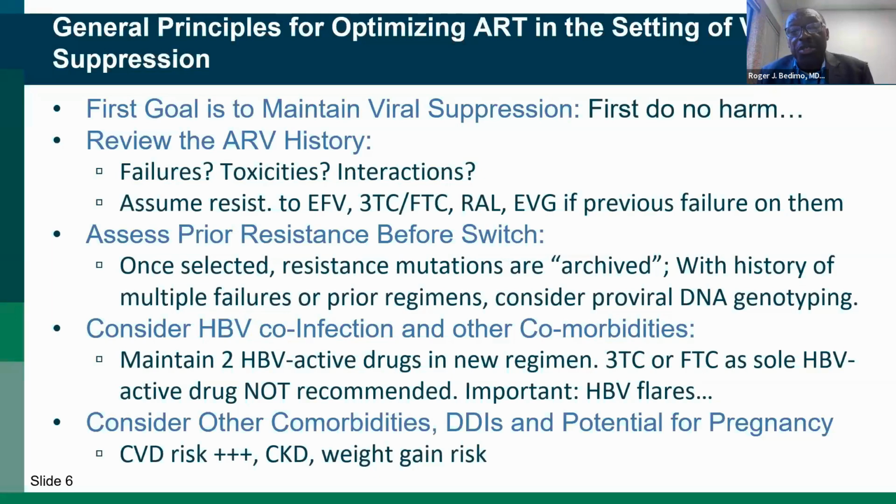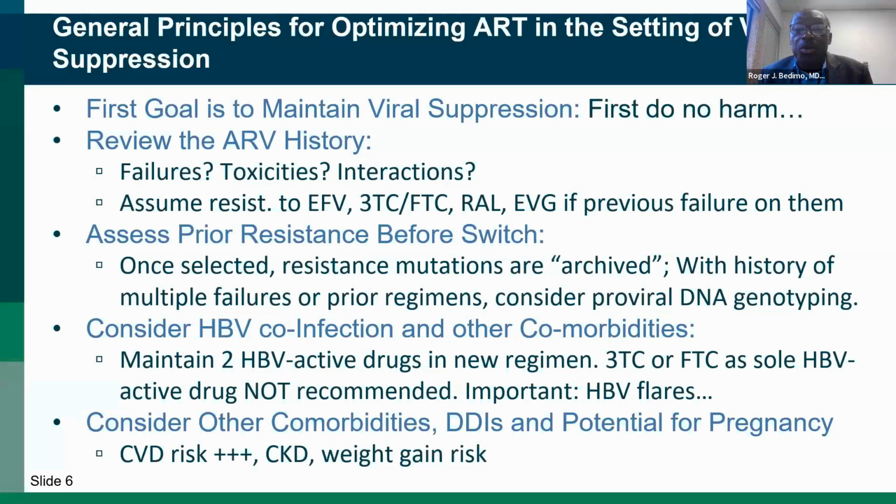Co-infection of hepatitis B with HIV might compel you to use antiretrovirals that are also active against hepatitis B. So if the person was taking an antiretroviral regimen that contained 2 drugs active against hepatitis B and you are switching them, you may want to make sure that you maintain at least a couple of drugs in the newer regimen that also act against it. This is incredibly important, or the hepatitis might flare, and that may actually be life-threatening.